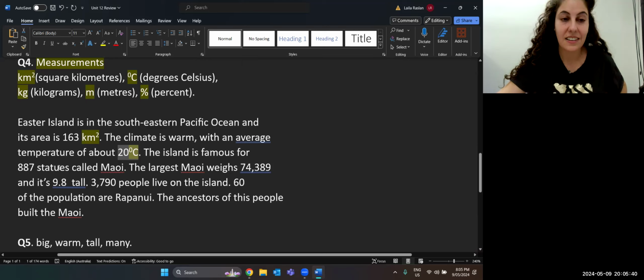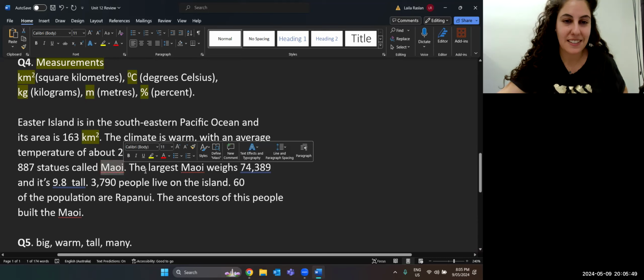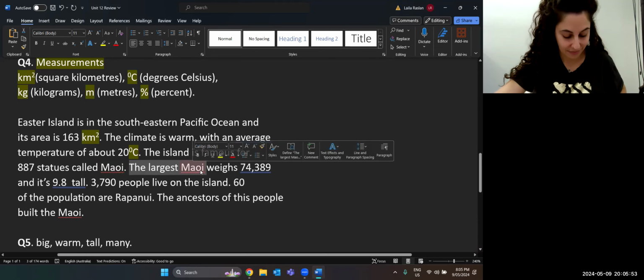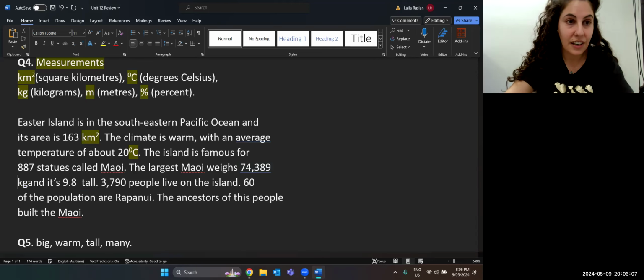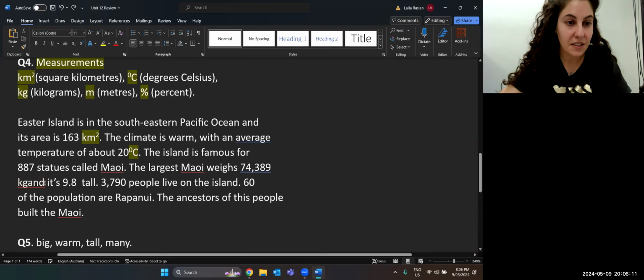The island is famous for 887 statues called Moai. I don't know how to pronounce that. The largest Moai weighs 74,389 kilograms. Okay, so we know we're talking about its weight.